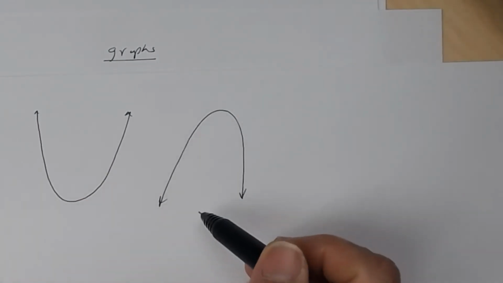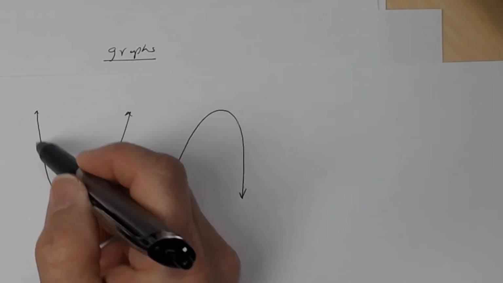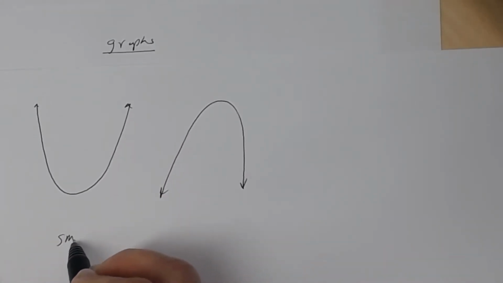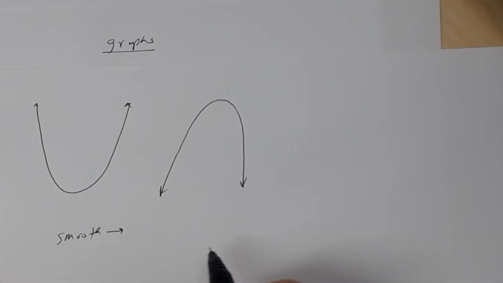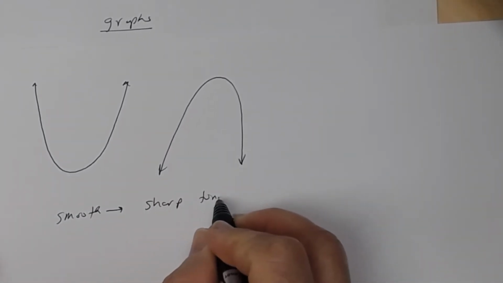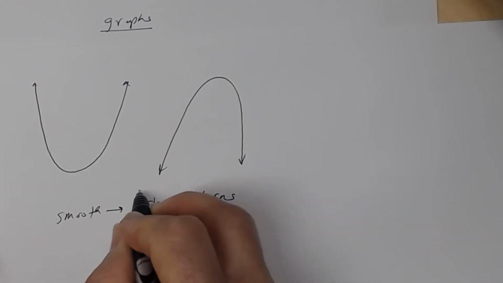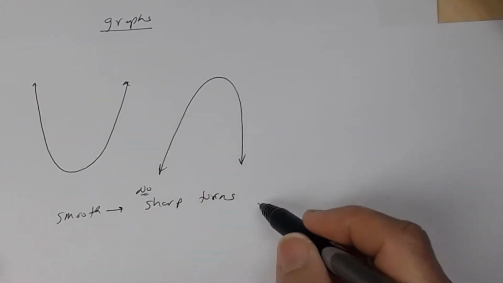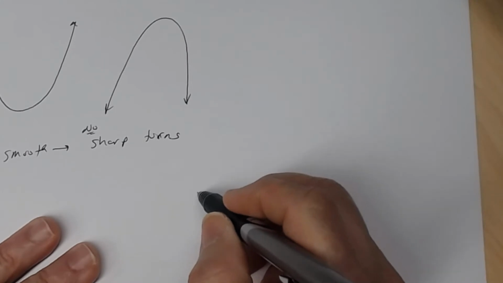Now by smooth, I mean this. When I say smooth, what I mean is that there are no sharp turns. In other words, when I graphed this, I didn't do anything that looked like this.